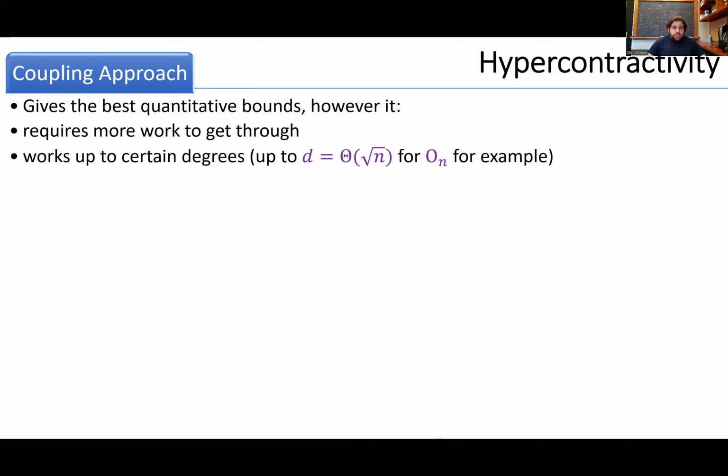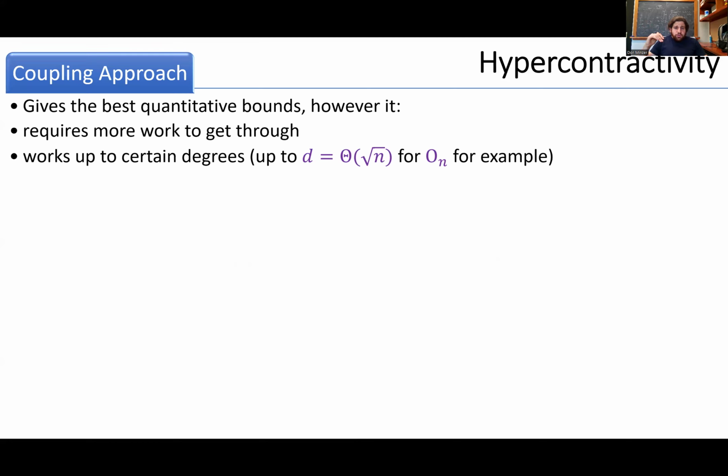But the two downsides of it are that, to make it work, you require quite a bit of work and actually use quite a bit of stuff like representation theory and some nice facts from there. And the second downside is that there is some sweet spot up to which it works, and beyond that, it doesn't give anything.